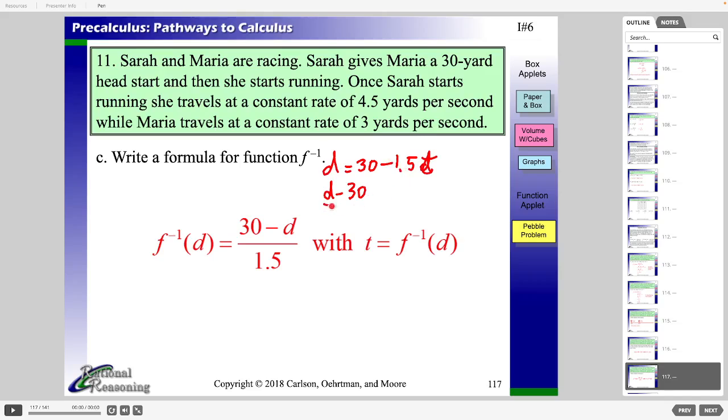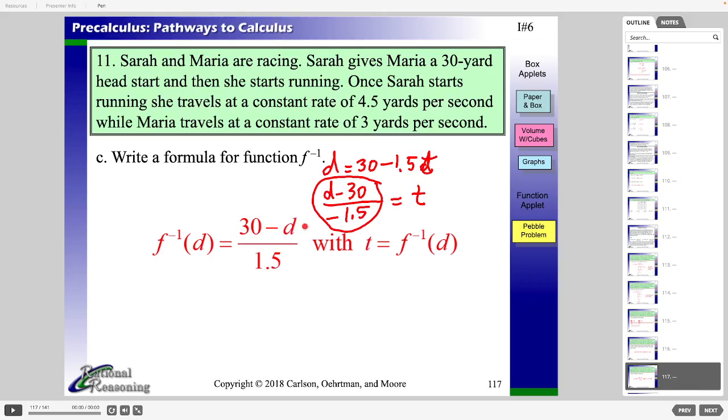And then divide by negative 1.5. Now notice what they did is they brought this negative up to the top, so the d became negative and the 30 became negative. You could just write it like this, but when you simplify it, it's kind of nice to go ahead and distribute the negative on top. And you've got this now as an inverse function.